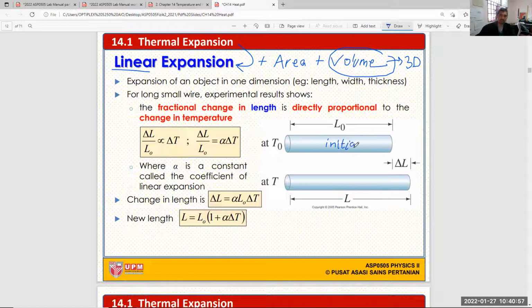Since at room temperature, what we saw yesterday is we have our reference in terms of what we call alpha. So we have some alpha.